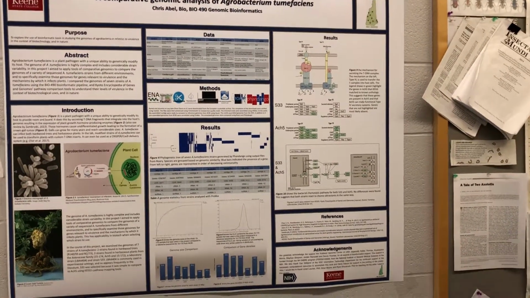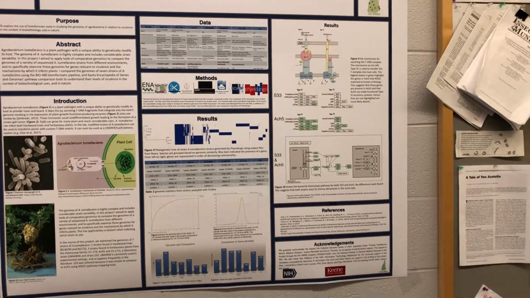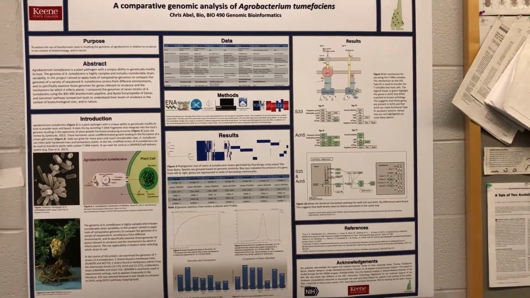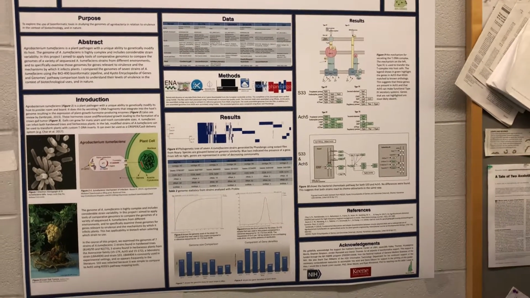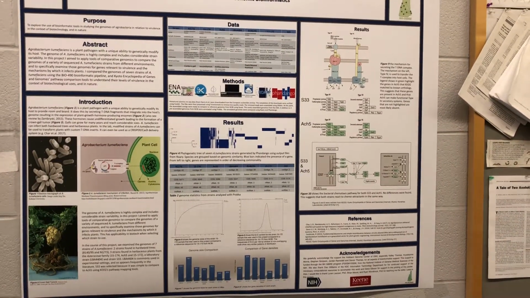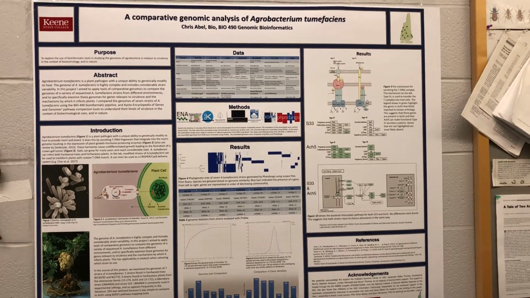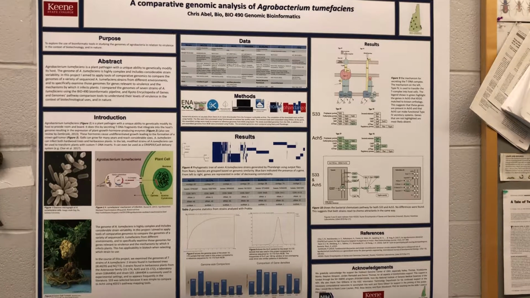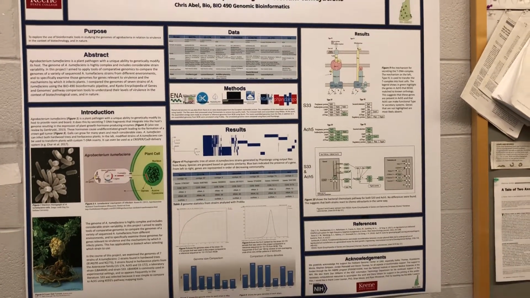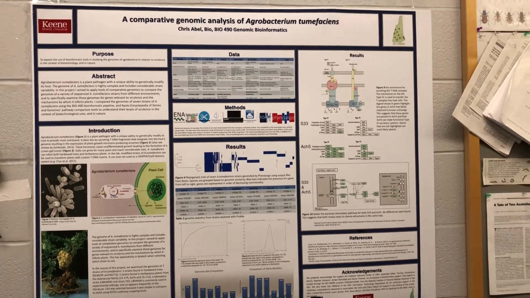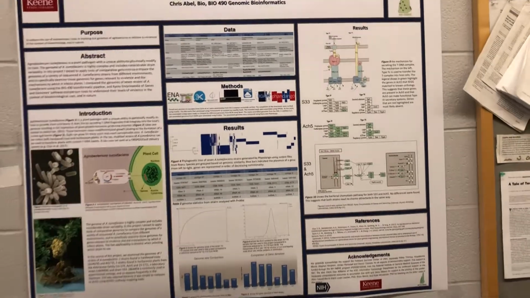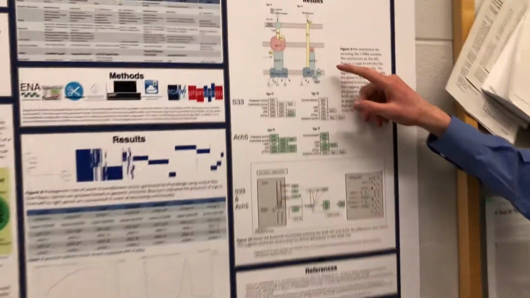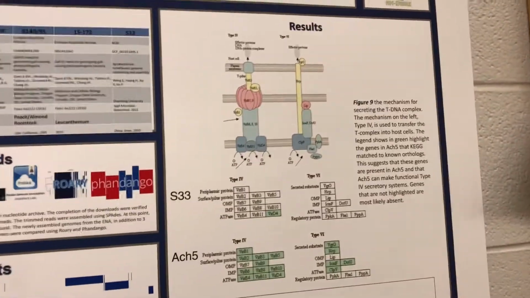So after comparing them with that, I also compared some strains that had genomes already archived at the Kyoto Encyclopedia of Genes and Genomes, and I used KEGG's pathway viewing tools to find these figures.